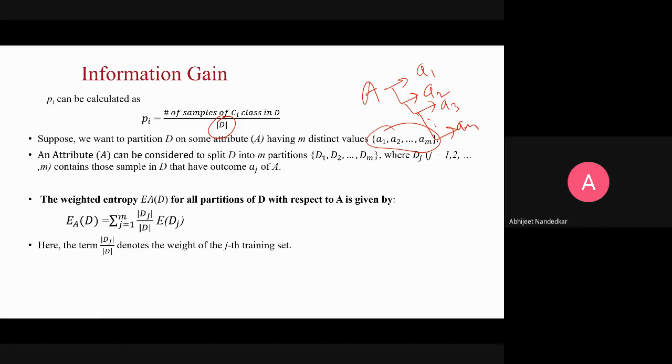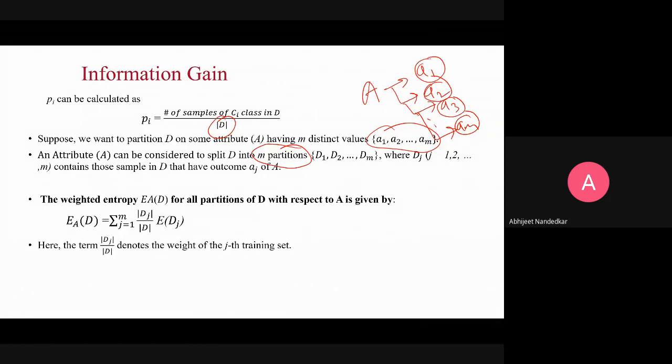Then the attribute A can be considered to split D into m partitions. For each value of A, there will be a partitioning of the table.